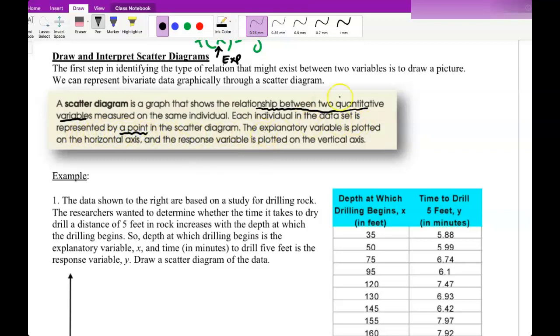Then the explanatory variable is on the x-axis and the response variable is on the y-axis. So the explanatory is on the horizontal axis, which is x, and the response variable is on the vertical axis, so we're going to use y for that one.